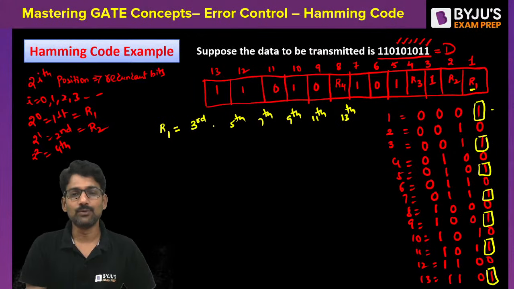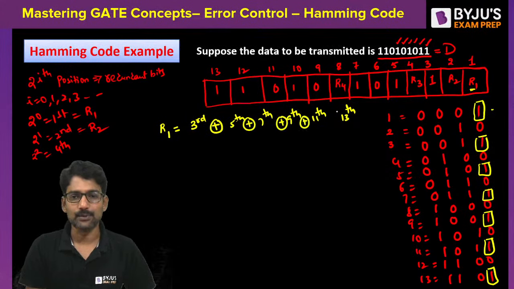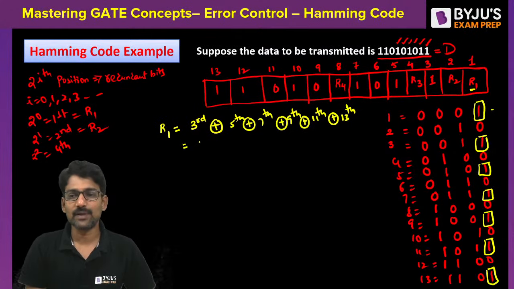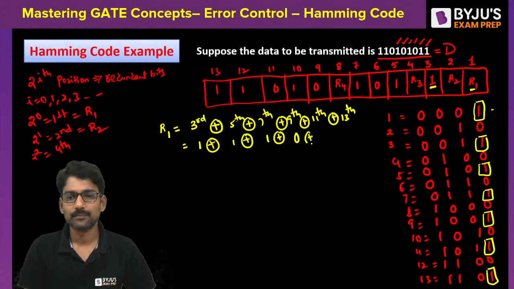What you have to do is an XOR operation between all those bit values. The 3rd position has 1, the 5th has 1, the 7th has 1, the 9th has 0, the 11th has 0, the 13th has 1.